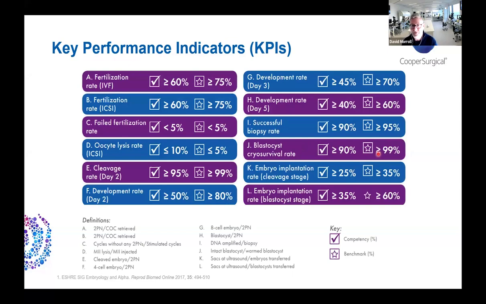Right, busy slides, the next two, but these are showing the KPIs for the laboratory, and you can see the competence figures with the tick and the benchmark figures for the target value, the benchmark value.